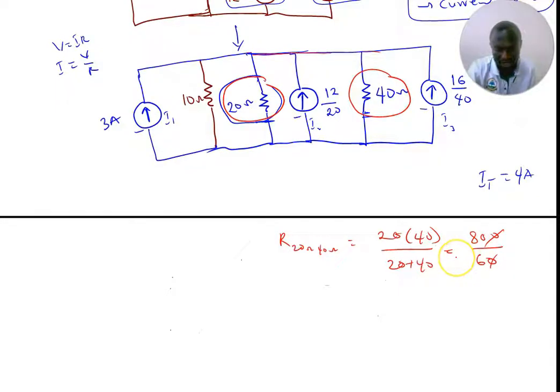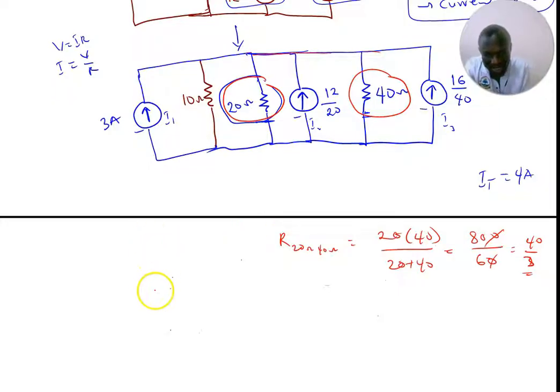So let's simplify it and see what we get. So 80 divided by 6. I'm going to get 40 on 3. So that's the total resistance. You get it? So what is the new circuit going to be?